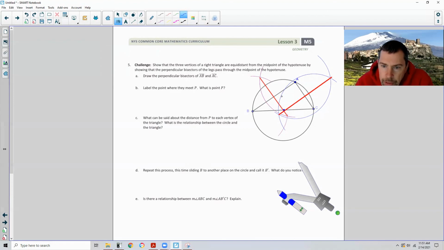Okay. A, draw a perpendicular bisector AB, that's this one here, and AC, that's this one here. Label the points where they meet P. So this was the point P. What is point P? It's the center of the circle.